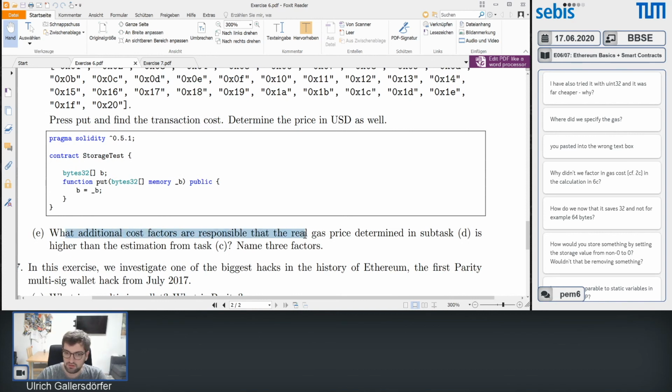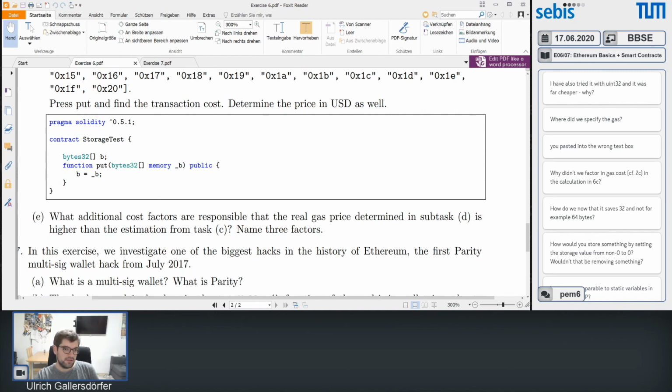What additional cost factors are responsible that the real gas price determined in subtask T is higher than the estimation from task C? Name 3 factors. So that's also a very good question. We had some difference between the 690,000 and this 640,000. So where is this additional transaction fee coming from? The answer here is that we first of all have the base transaction fee, so 21,000 gas is definitely an issue, and the other instructions are also there.